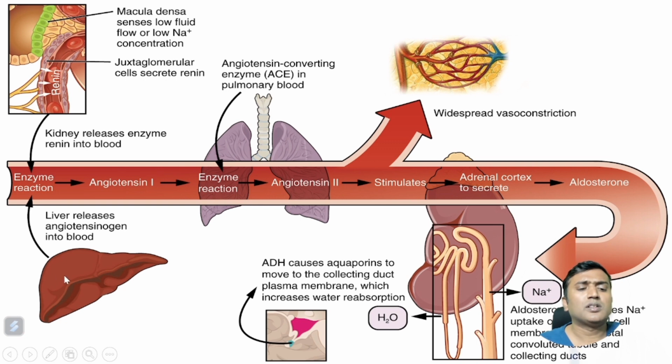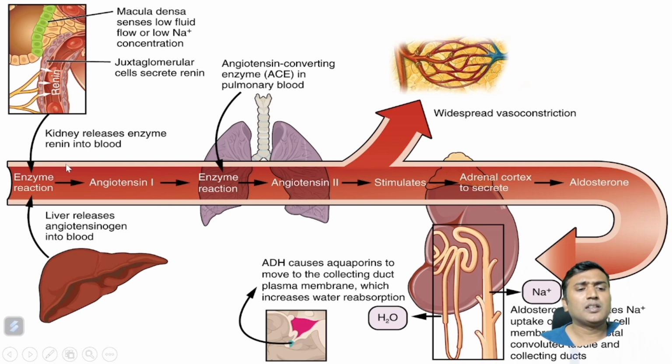Here is the liver, and it synthesizes angiotensinogen into the blood. The kidneys release an enzyme called renin whenever there is low fluid flow or low sodium concentration in the blood.